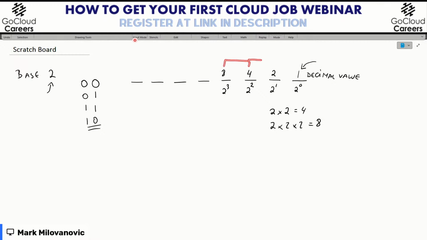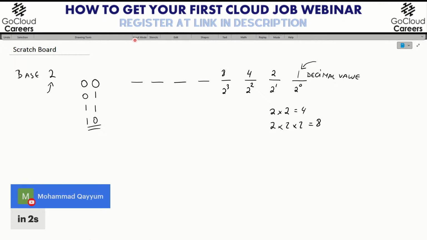What is it that you notice? What do you notice between these numbers? We went from 1 to 2, from 2 to 4, and 4 to 8. All right. You're doubling. Yep. You're multiplying by 2.